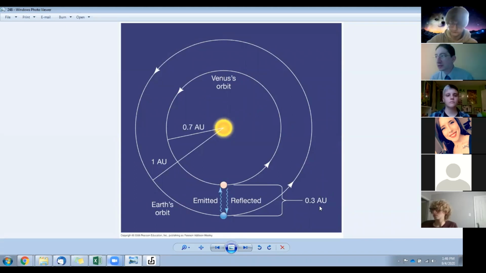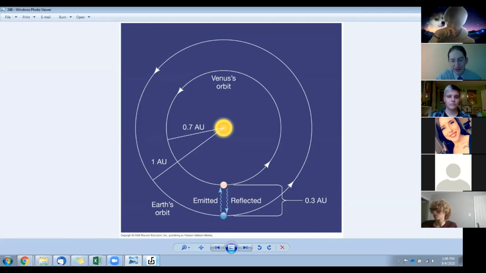If we want to know how many kilometers in 1 AU, we just divide both sides by 0.3. Cancel and get 1 AU equals 1.5 times 10 to the 8 kilometers.